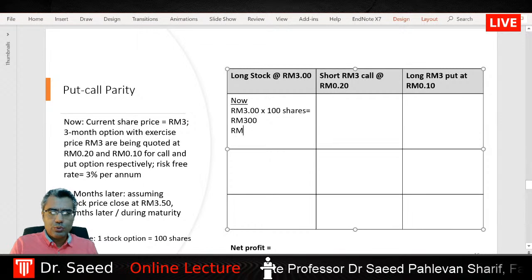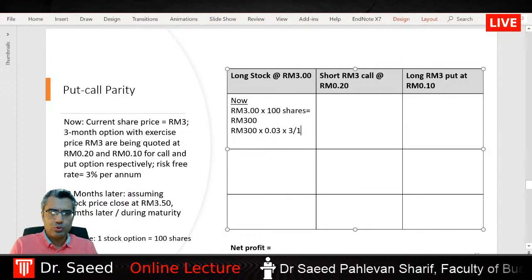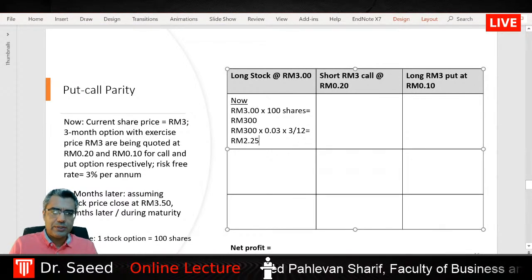And because you are paying 300 ringgit to buy stock, this means that you are paying interest as well. This is the opportunity cost of paying to buy stock for 3 months. Almost 2.25 ringgit is the interest that you have to pay. Then you need to short 2 ringgit call at 20 cent.